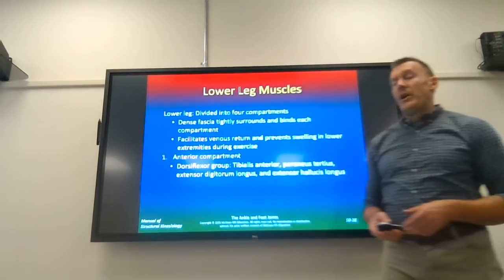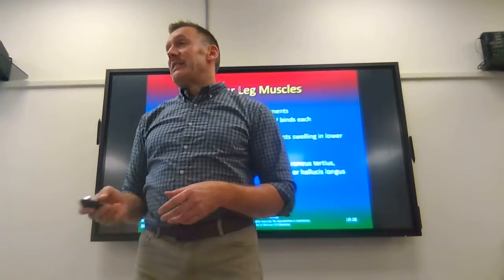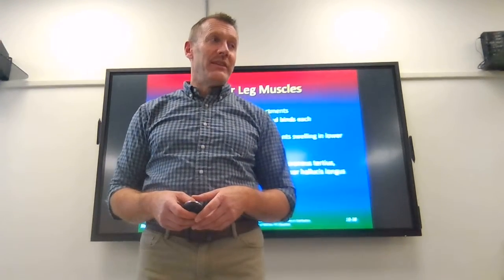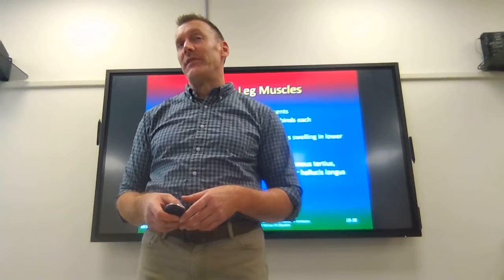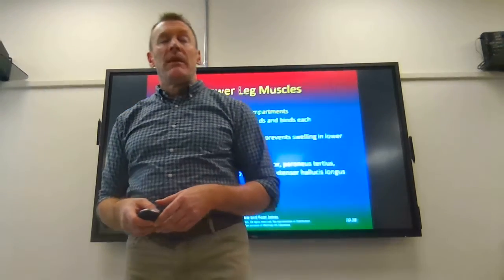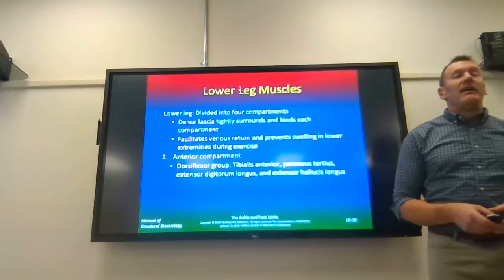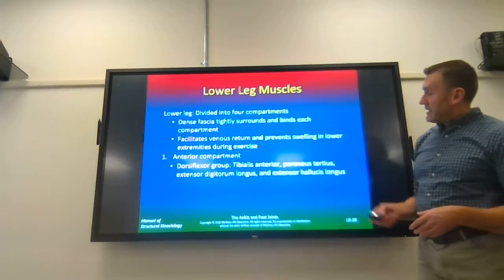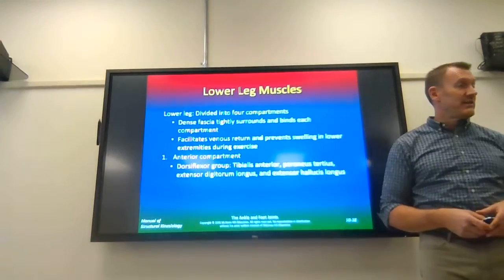So in the anterior compartment, we have the dorsiflexor group, so the big tibialis anterior muscle. For those who had lab this morning, we did an exercise to stretch that one because it's an antagonist to the plantar flexors. Other muscles, we have extensor hallucis longus, as well as the extensor digitorum longus, as well as the peroneus tertius.